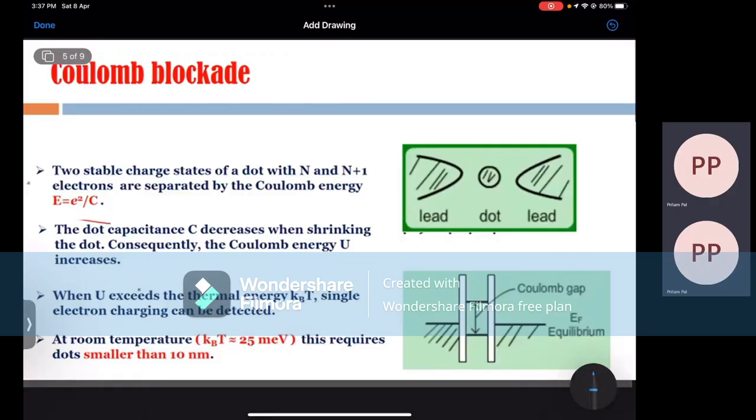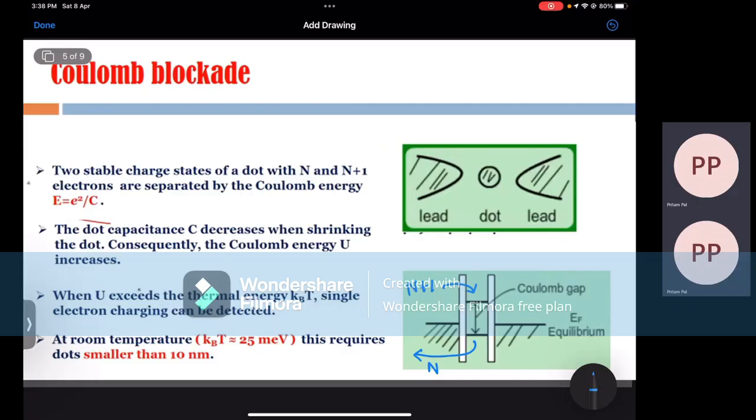Consider that n number of electrons are present here, and if we add one extra electron, then n plus one electrons will go to this new state.